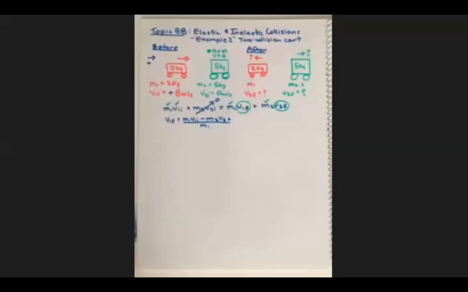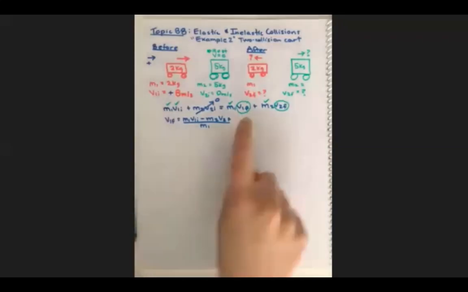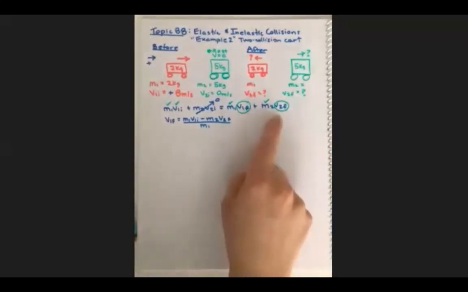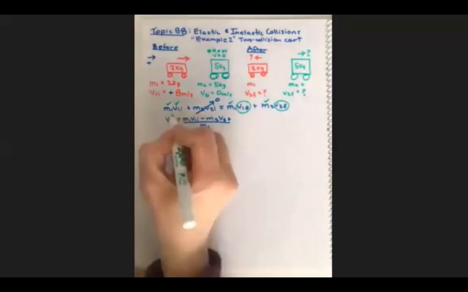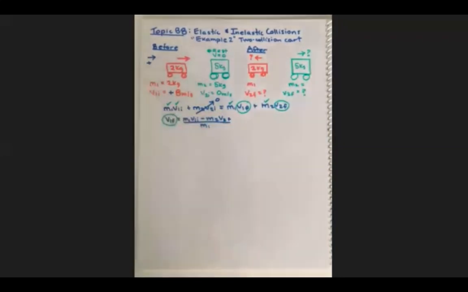Okay, so using our conservation of momentum statement and simplifying as much as we can, noting that we have 2 unknowns, and that we'll have to combine that with another statement from our energy conservation. I prepped this equation 1 by isolating V1F. It doesn't matter if you isolate V1F or V2F.